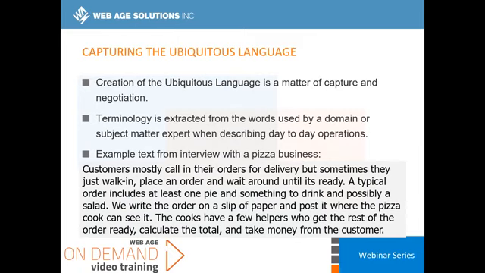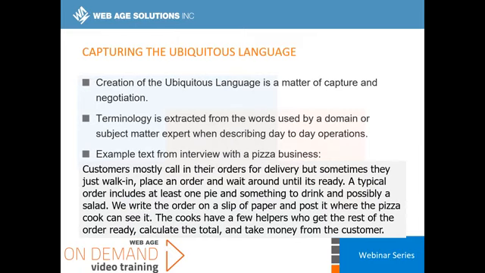There are two ways to take orders, and orders consist of at least one pizza and maybe something to drink and maybe a salad, and we write it down, we give it to the cooks. The cooks get the order ready, calculate some totals, and take some money from the customer.